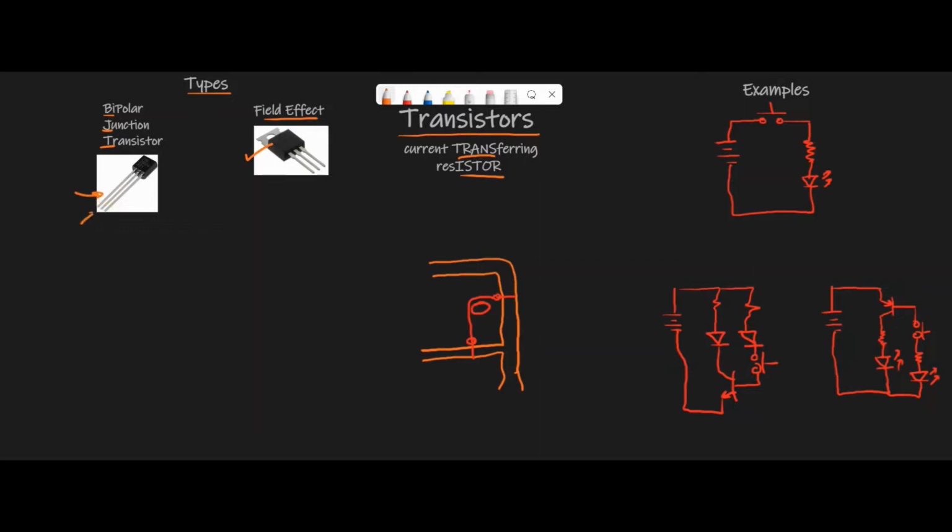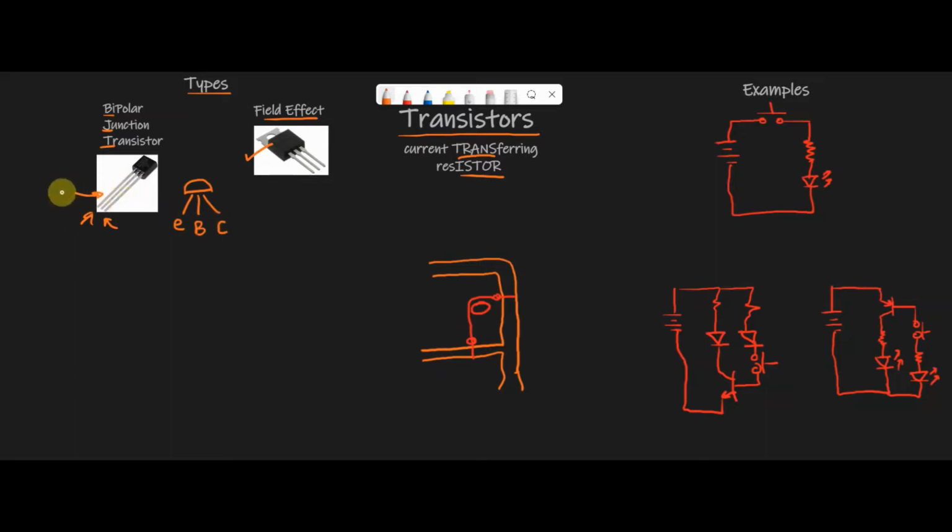There's, like I said, 3 pins, and usually in this configuration you can see that there's a flat spot on this. What I like to do is say that from a top view it kind of looks like this, and if you look at the pins coming out, normally, not every time, you have to check the specification, this is the emitter, this is the base, and this is the collector.